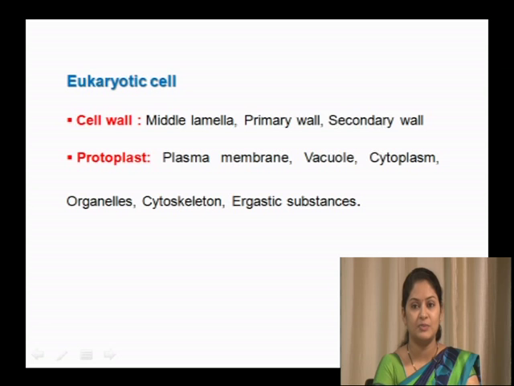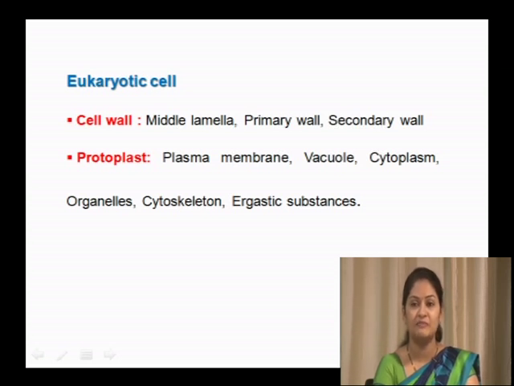Next component is protoplast. Protoplast is the entire living content within the plant cell, or a typical animal cell. When protoplast is considered, it has an outer covering living membrane called plasma membrane. In plants you can find the vacuole, which is surrounded by tonoplast, and it contains cell sap. In between the plasma membrane and tonoplast you can find the cytoplasm.